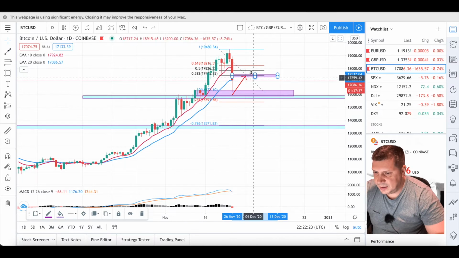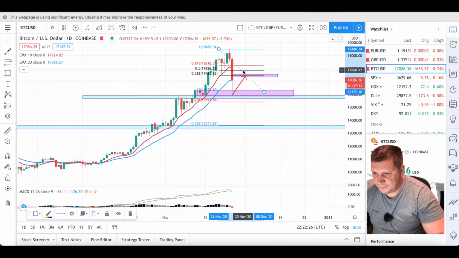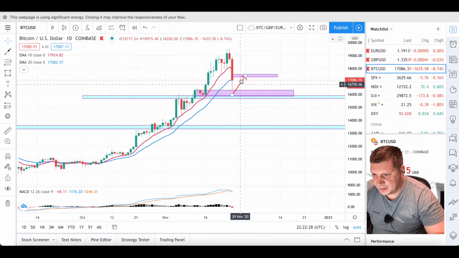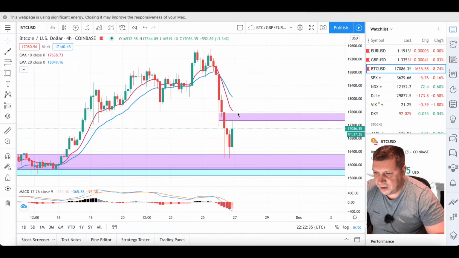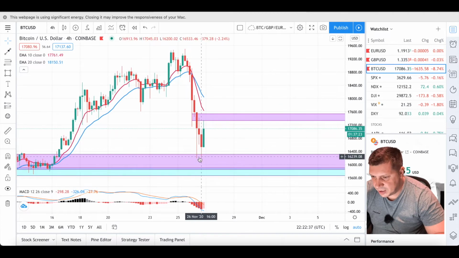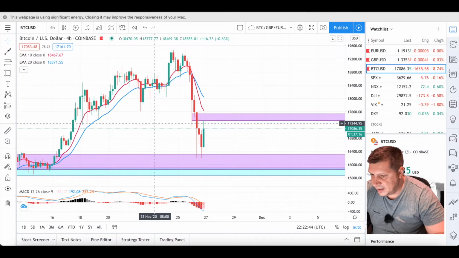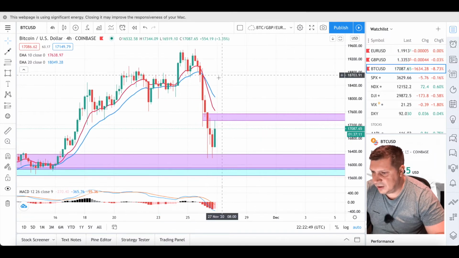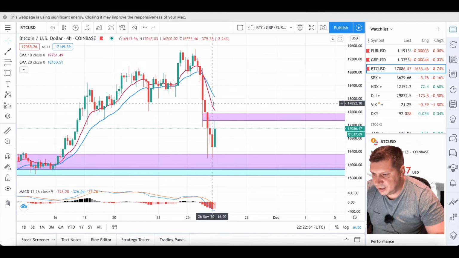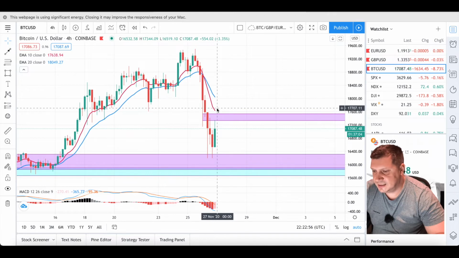Okay, now we're ready to move to a 4-hour frame. Let's remove this from here and let's go to the 4-hour frame. On the 4-hour frame, what we can see is that the market has already rejected and it's already touched this area. And also on the 4-hour, our moving average and also our MACD, they both show sell.